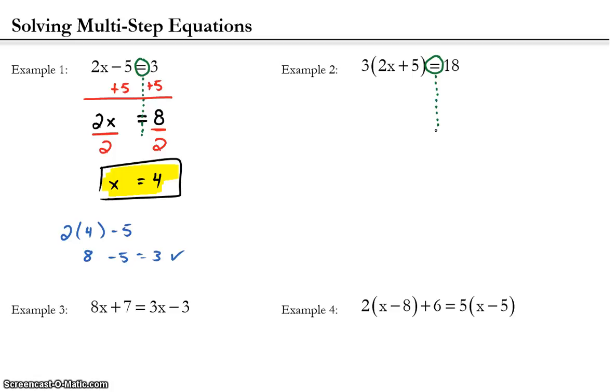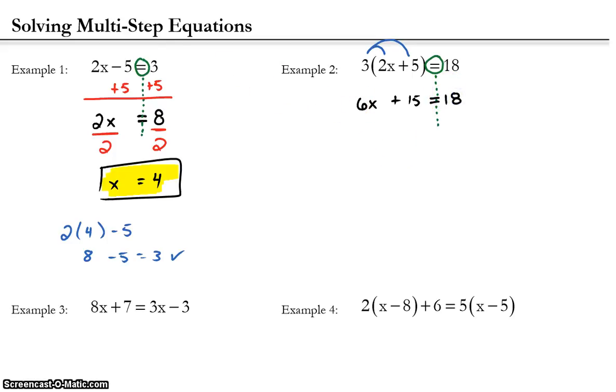It's really add, subtract, multiply, divide that gets switched in our order of operations when we are solving only. So in this case, I want to distribute my 3 to the 2x. 3 times 2x gives me 6x. Distribute my 3 to the positive 5. 3 times positive 5 gives me plus 15. Then I can bring down my equals and my 18.